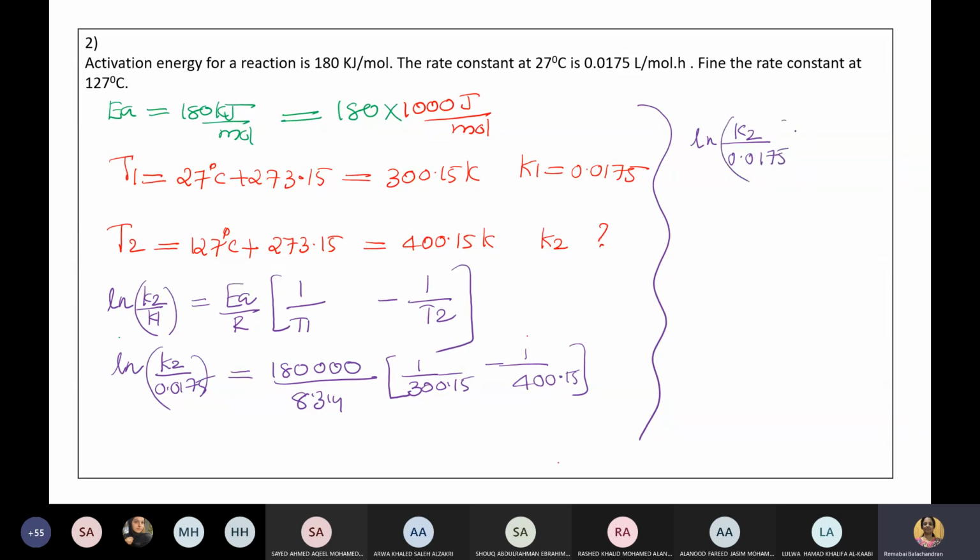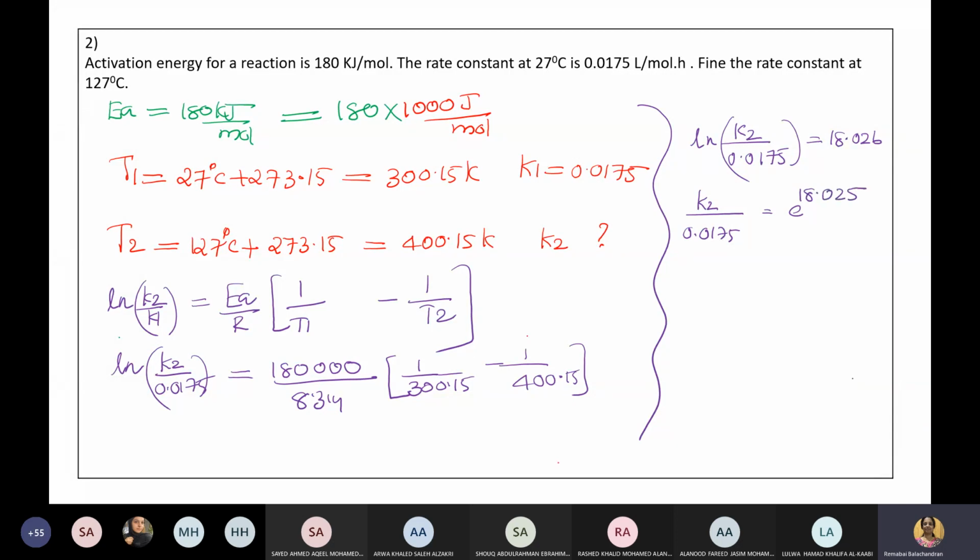0.0175 is equal to how much, Rashid? 18.026. Okay. Now, the next step, what you have to do is to remove ln, take exponential on both sides. When you take exponential on both sides, ln and e get cancelled. So what do you get? k2 over 0.0175 is equal to e raised to 18.026.